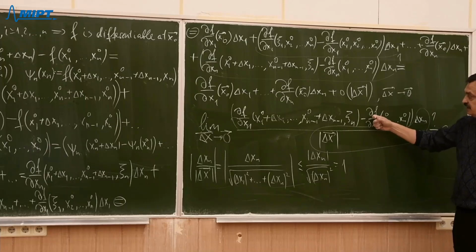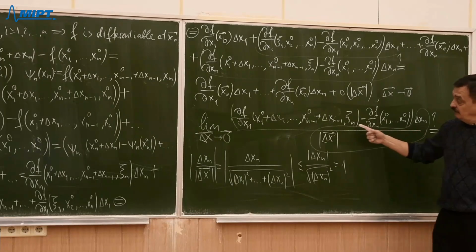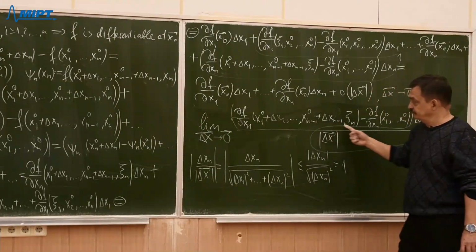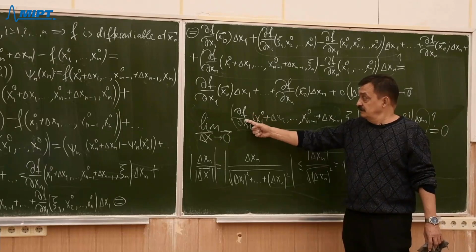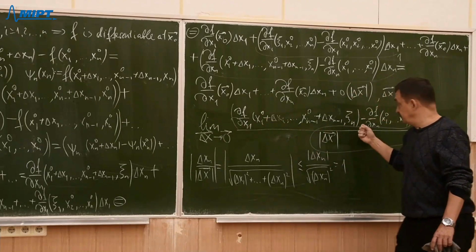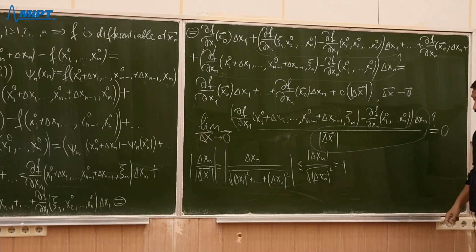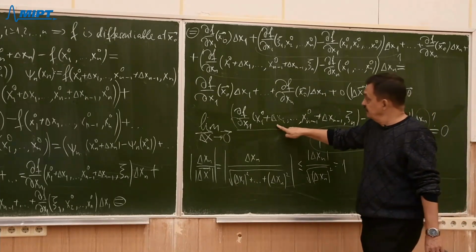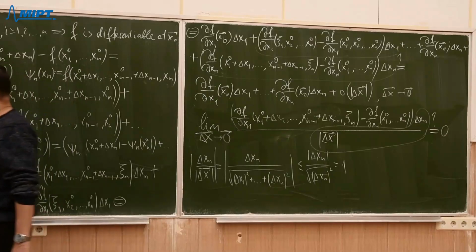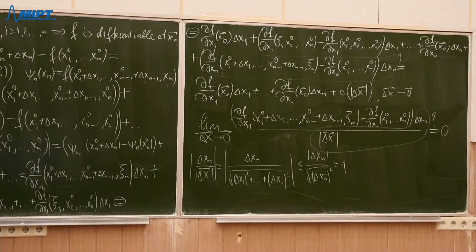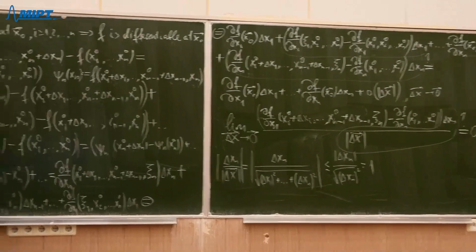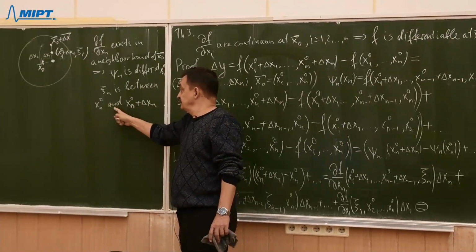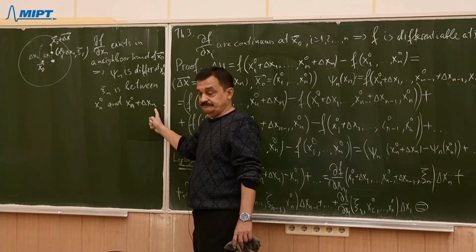Here we have the value of our partial derivative with respect to xn at the point x0. That is the value of the same partial derivative at another point, but psi n is between xn naught and xn naught plus delta xn.